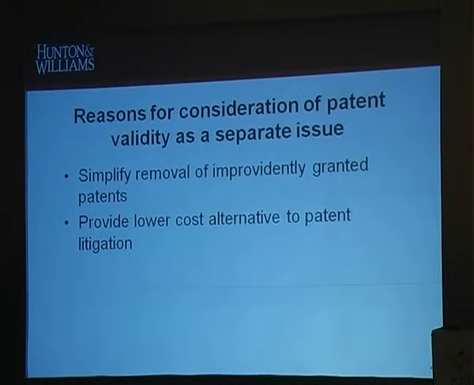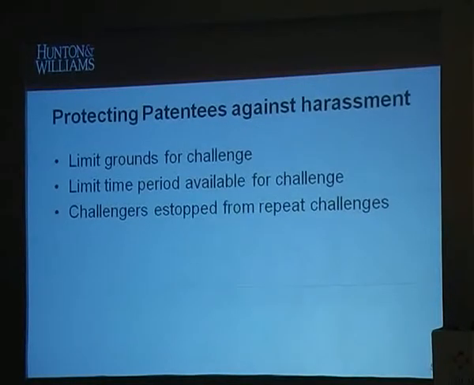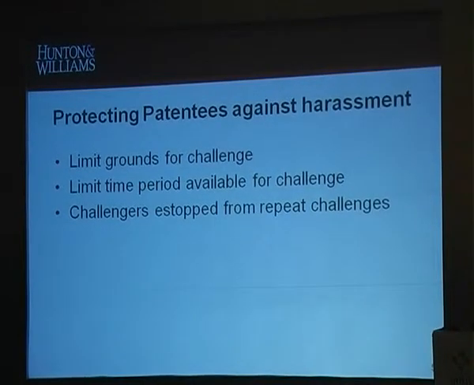To the extent that these things have been successful, there was concern that potential infringers would exploit some of these new procedures to harass patent owners. And so there are ways of limiting that problem. One of them is to limit the grounds for challenge, as Mr. Daniels indicated.